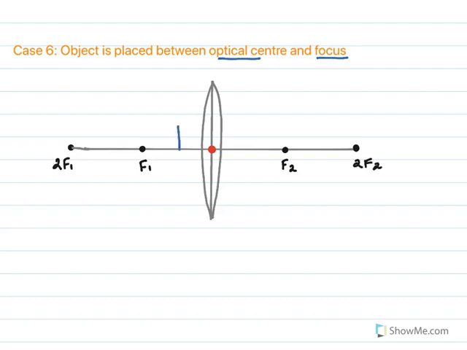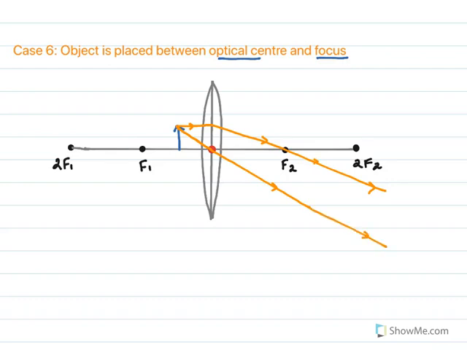So we will keep the object out here between the focus and optical center. Again, two rays, one parallel and one passing through the optical center. The one that is parallel after refraction will go through the focus, and the one through the optical center will go undeviated.